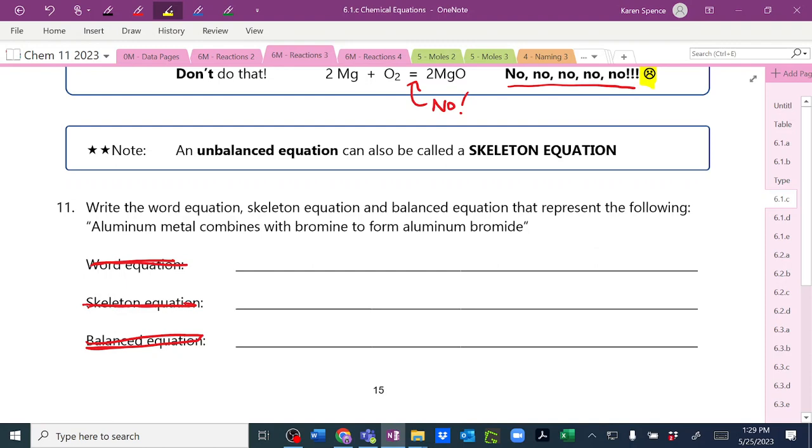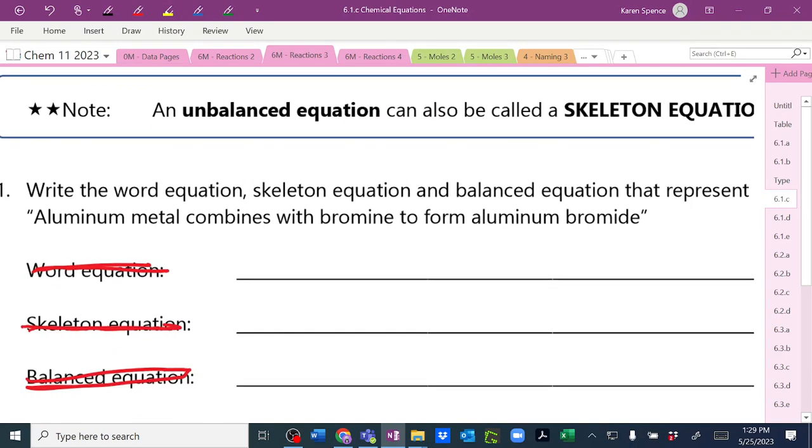Take a look at that sentence there. Aluminum metal combines with bromine to form aluminum bromide. Who are our reactants? Aluminum is a reactant, and bromine. So we're going to write the formulas for aluminum and bromine. Aluminum.